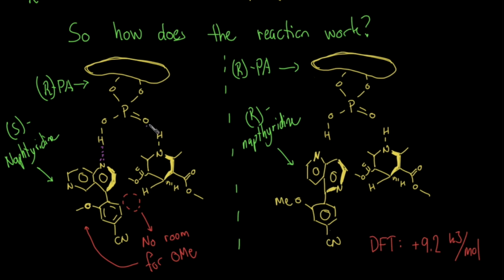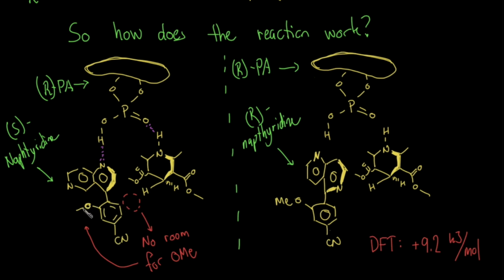Likewise, there's going to be an interaction between the phosphoric acid and the Hantzsch ester. What's really interesting about the Hantzsch ester is that it's capable of donating an H-, or hydride ion, which is always one of the important steps in these transfer hydrogenations.